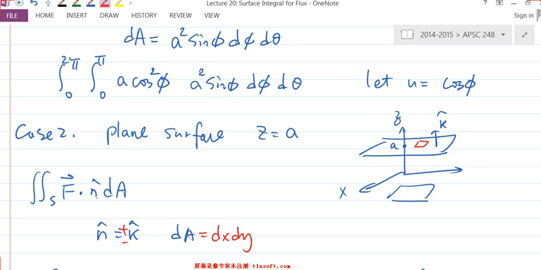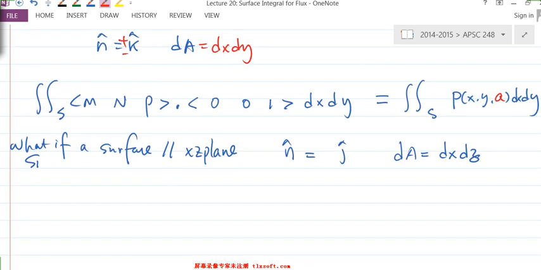But if it's not closed, we don't have a convention here. So just remember this. We'll come back to this concept. Technically, you could have a positive and negative n hat here too, right?